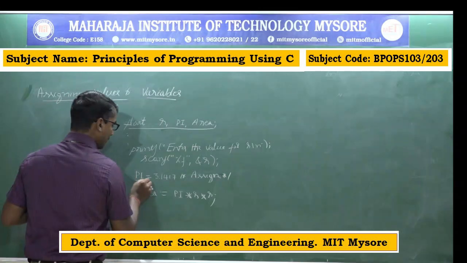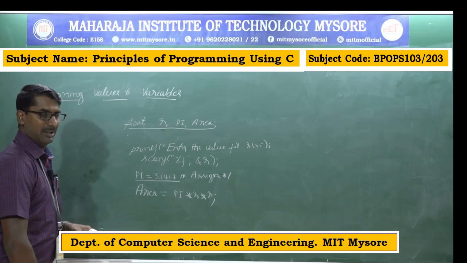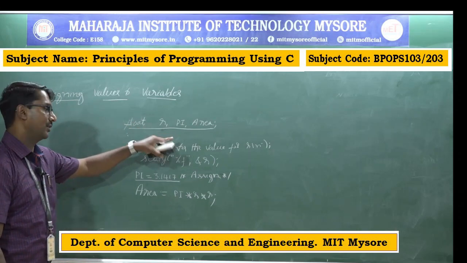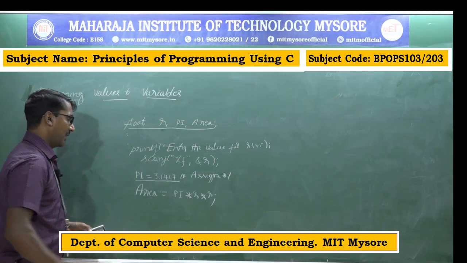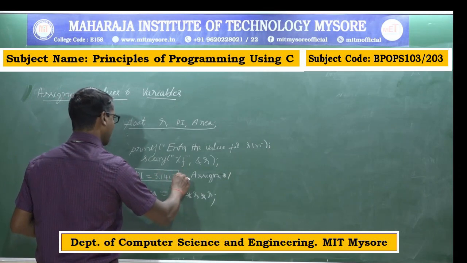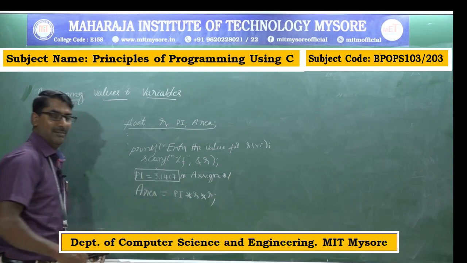I have assigned the values in between the program. It is not mandatory to initialize the variable during variable declaration. So you can initialize as soon as you require. Here I have assigned the values to the variable in between the program. This process is called assignment.